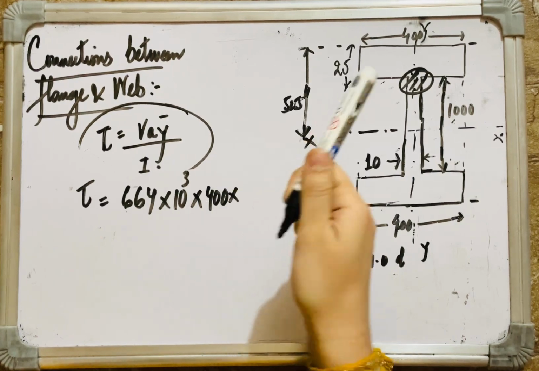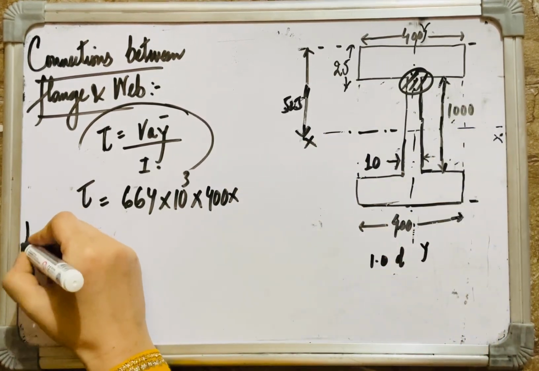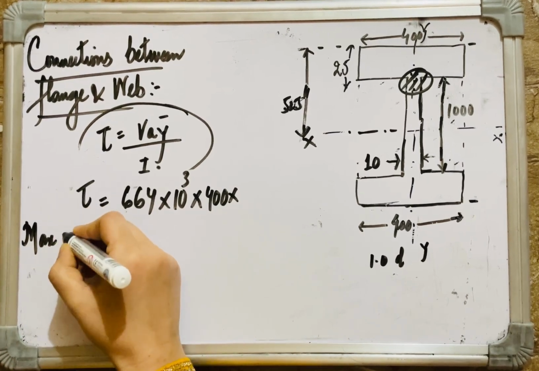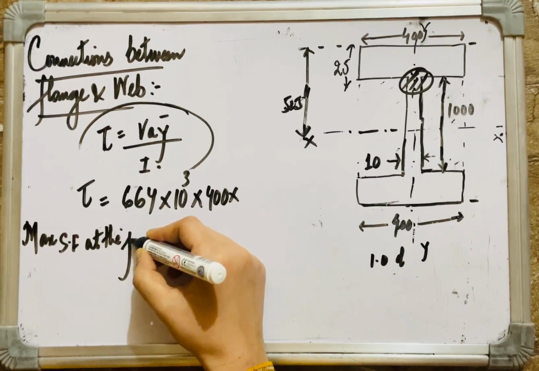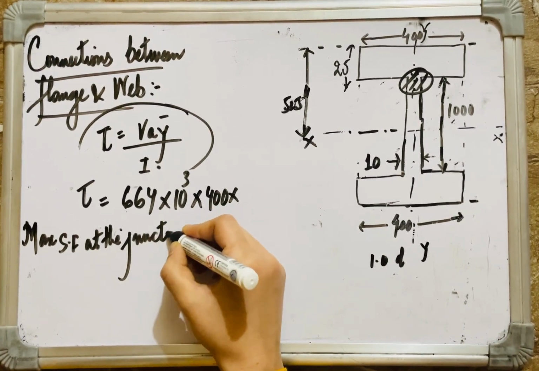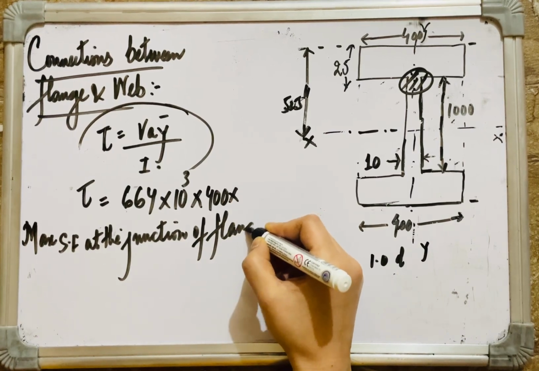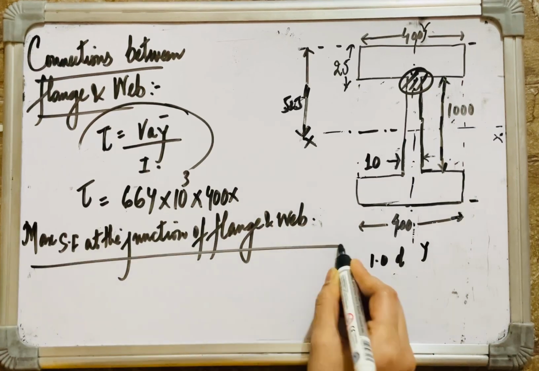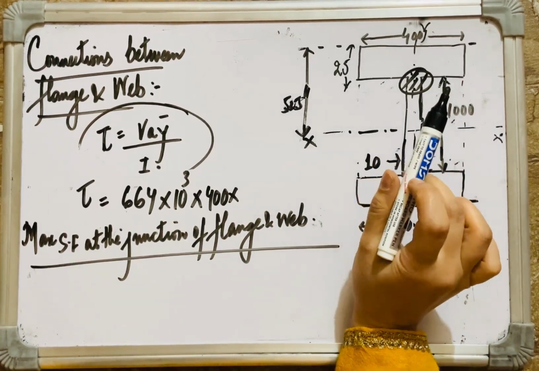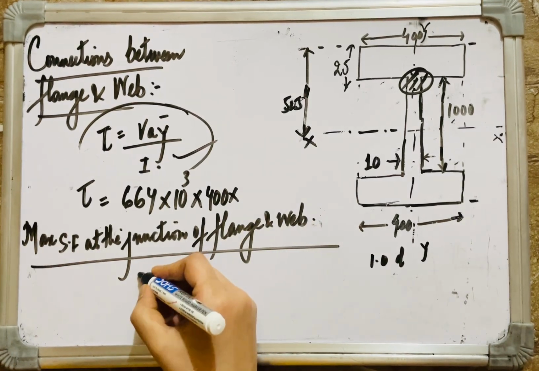I am calculating maximum shear force at the junction of web and flange, because I'm designing the connection between flange and web. So the maximum shear force at the junction of flange and web is given by this formula. Let us substitute the values.